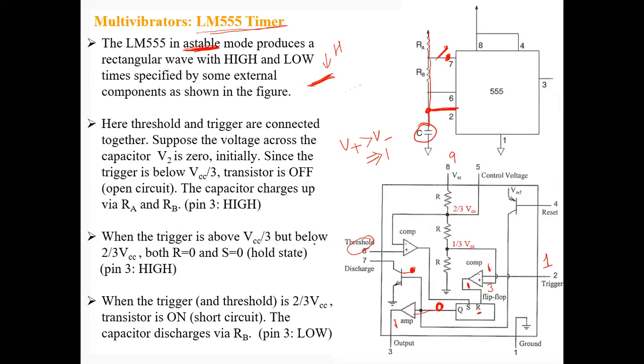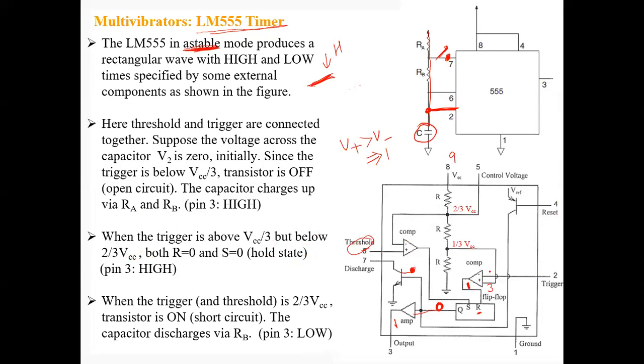Now, what happens when the trigger is above? Let's say now the voltage is slowly increasing. Before, until 3 volt, this stays 1.